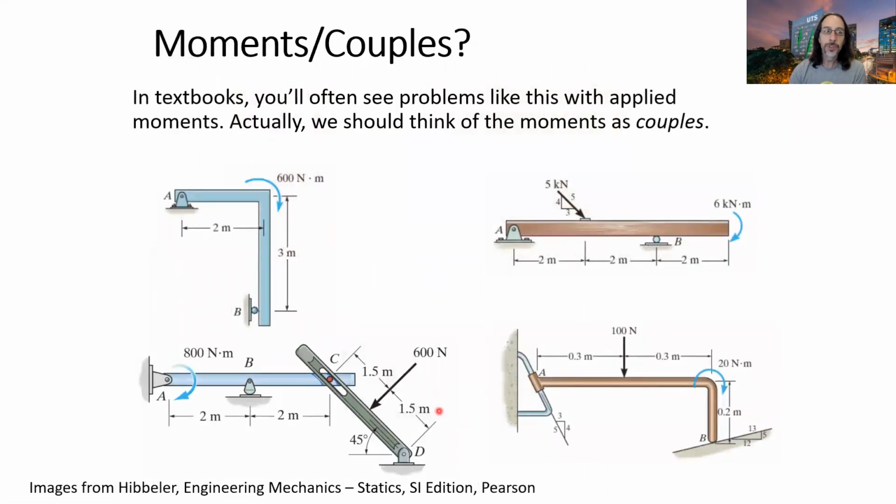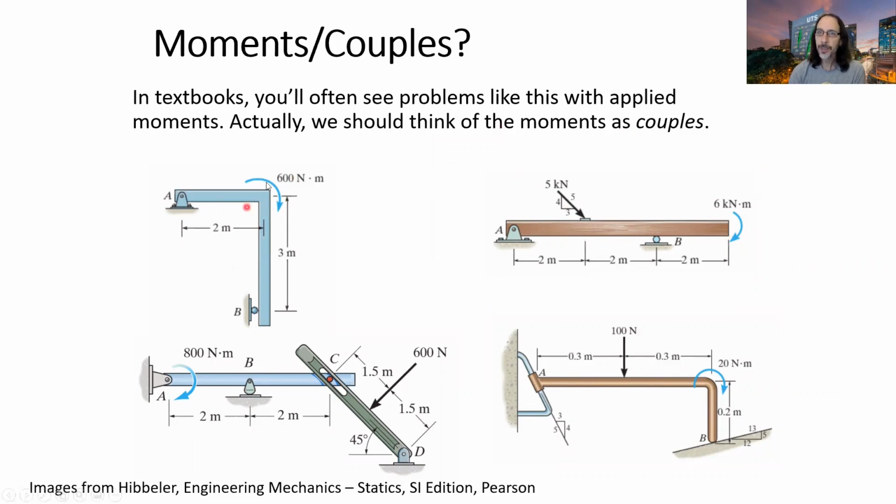Okay, so in textbooks, you'll often see problems like this with applied moments or couples. So when you look at problems in the textbook that have something like this drawn on them, you should think of these as applied couples.